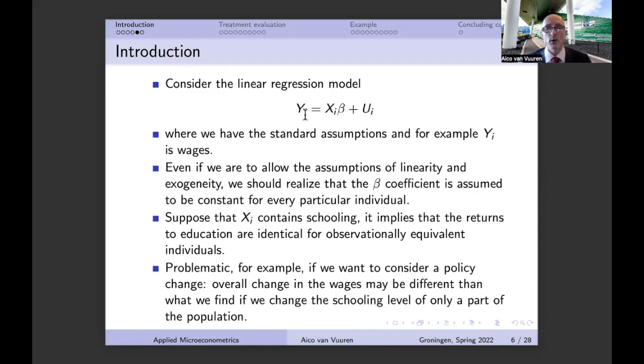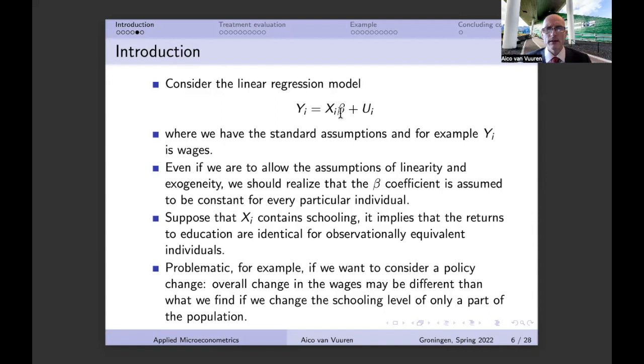To make this a little bit more clear, if we go back to the example that we looked at before, at the moment that we have here log wages, and at the right-hand side we could, for example, have whether somebody has a university degree or not. So one of the x's that we have over here is a dummy for having university education or not. Suppose that, as I said, we have log wages. Well, then the beta coefficient is going to give us a percentage.